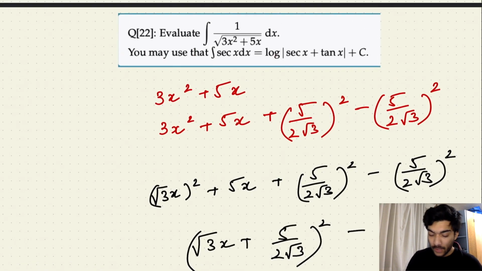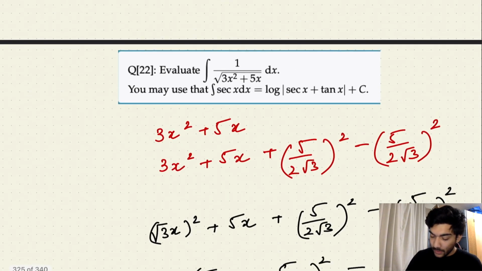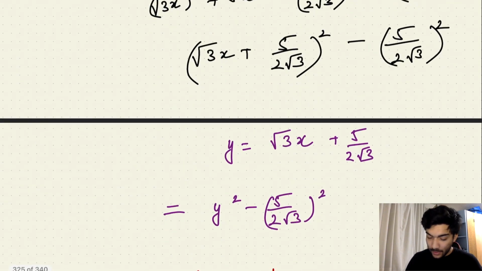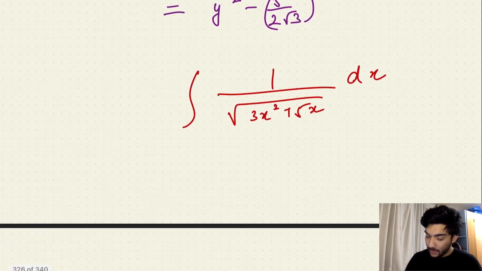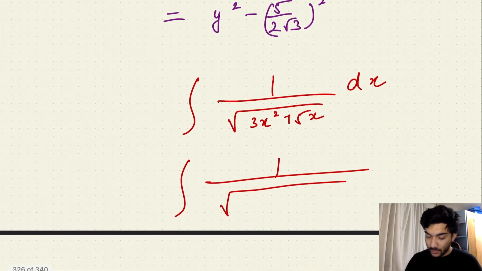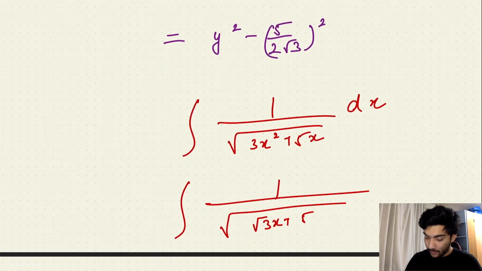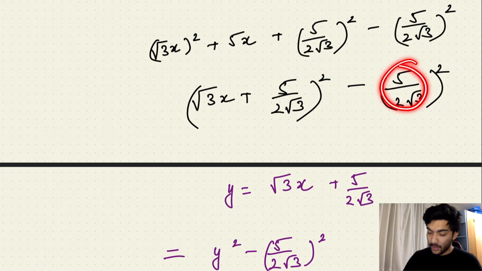So now let's first write our original integral. Our original integral is calculating 1 by under root 3x square plus 5x dx. And then, since we converted this expression into a simpler form, which was (root 3 x plus 5 by 2 root 3) whole square minus (5 by 2 root 3) whole square over here.